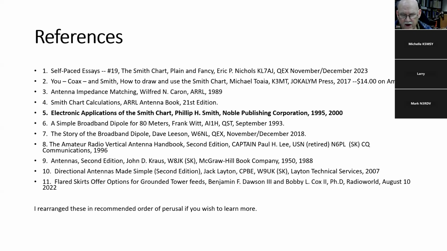Reference 10 is by a former ham. He's now Silent Key, Jack Layton, W9UK. He used to tune directional antenna arrays for broadcast stations, AM broadcast stations. I learned an awful lot from his book and from just talking to the man. And then most recently, I read an article.